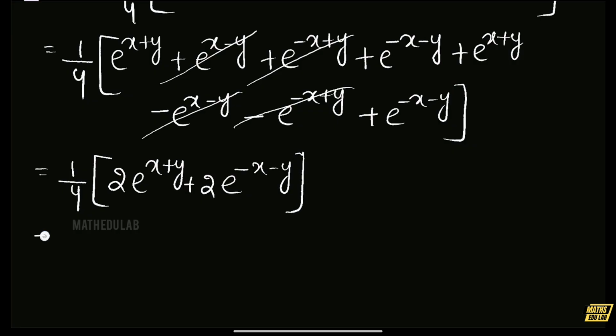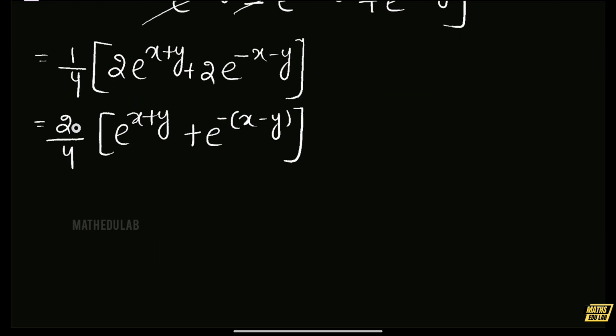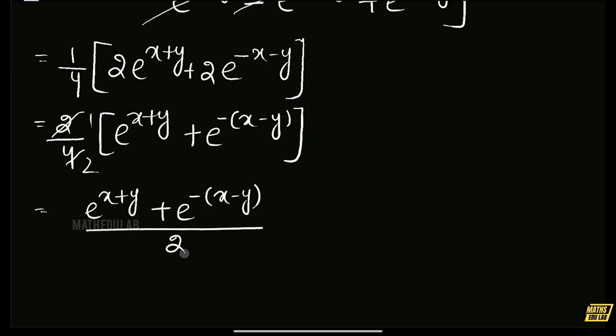Then here we will take the 2 common and we get e to the power x plus y, then plus e to the power minus x minus y, all by 2. So on cancelling these terms, we get e to the power of x plus y plus e to the power of minus x minus y by 2, which is our cosh(x + y) formula, and this is equal to, no, this is our left hand side.